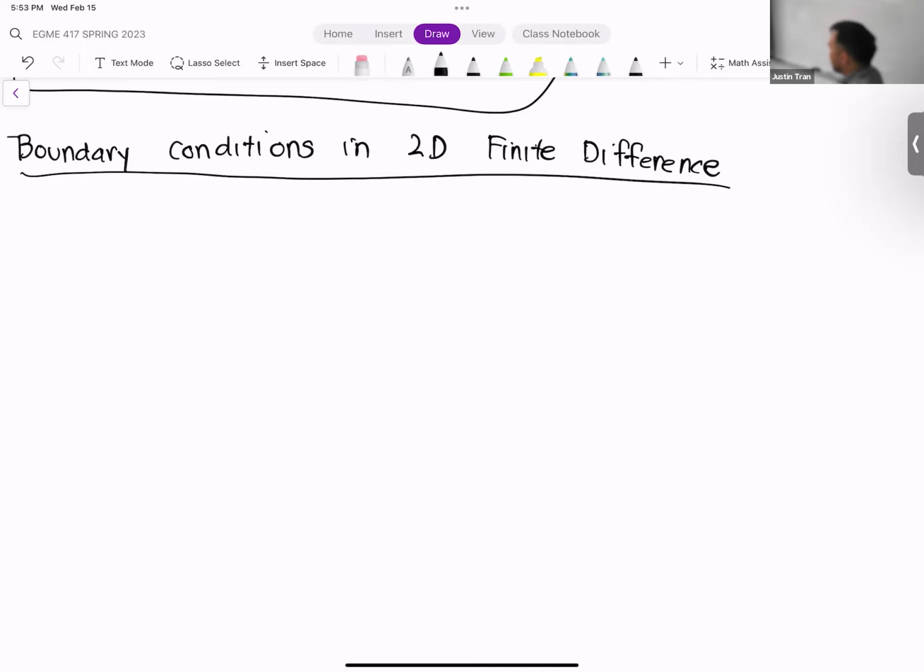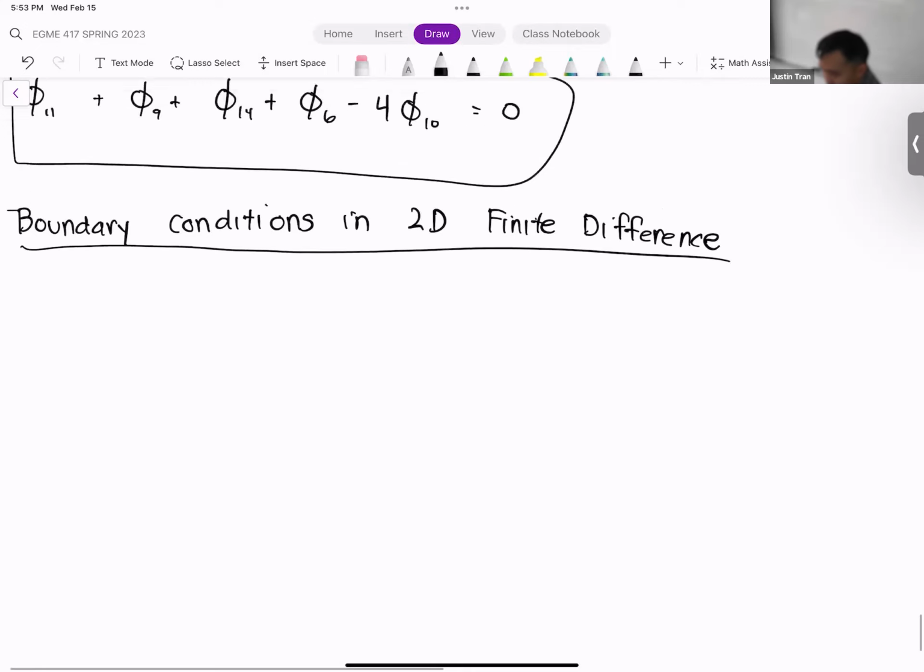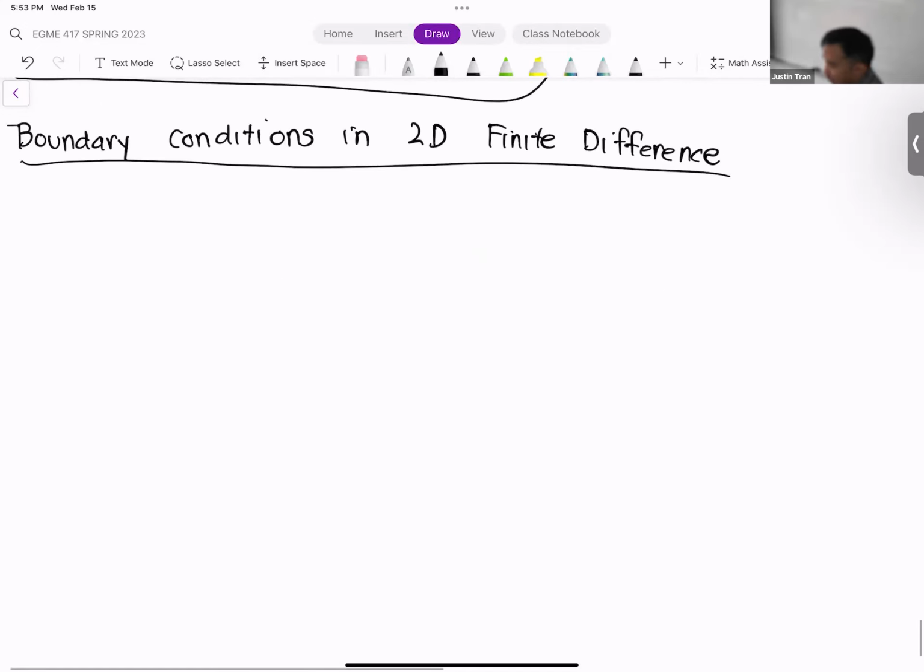Just like our 1D case, we're going to need boundary conditions here to complete our solutions. Because if you look at our formula for the finite difference, in order to apply that formula, we need to have neighbors on every single side: a left and right neighbor, and a top and bottom neighbor. But if you're on the edge of the domain, you don't have a neighbor in one direction or more than one direction.